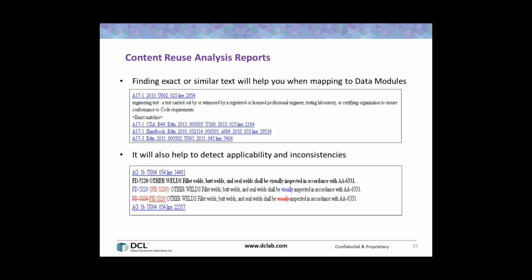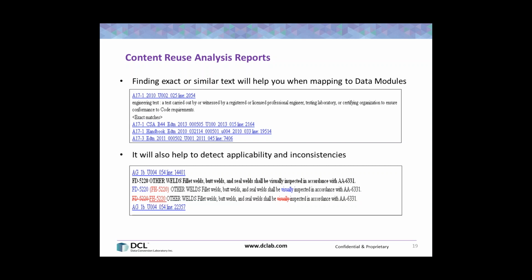In the first example, you can see that there's an exact match of the base paragraph in 3 other manuals. You can review that section and see if you can create one data module or one chunk or one paragraph and use it as many times as it's duplicated. In the second example, there isn't an exact match, but it's close enough to raise a flag and indicate the possibility of reuse.